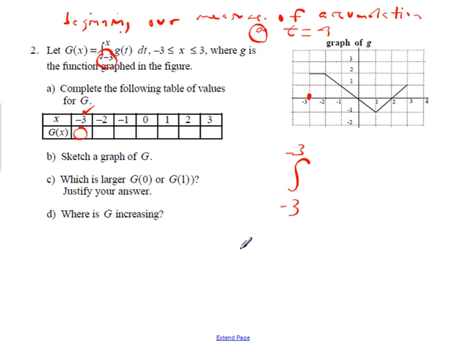And when we're integrating from -3 to -2, now we're talking about this area, which has an area of 2. And then from -3 to x equaling -1, now it's this entire area here.